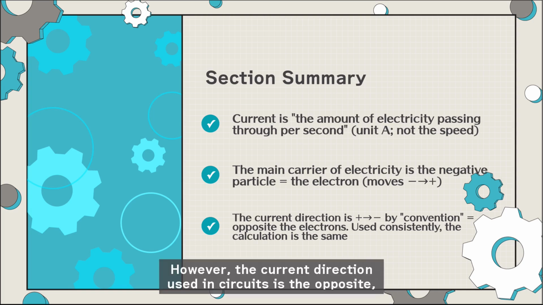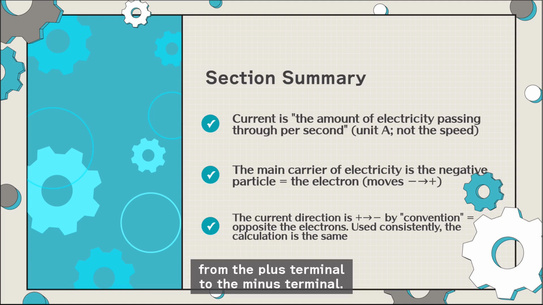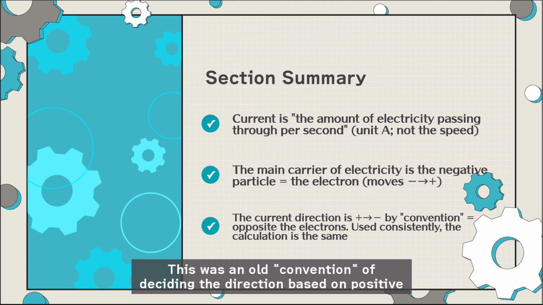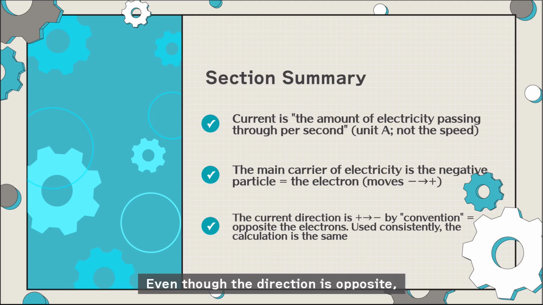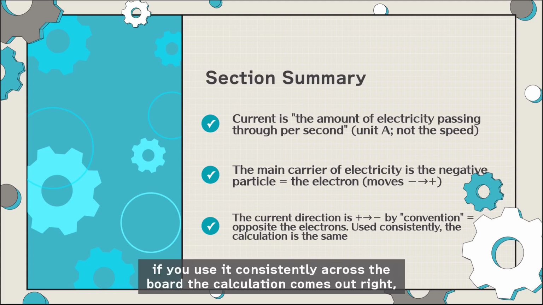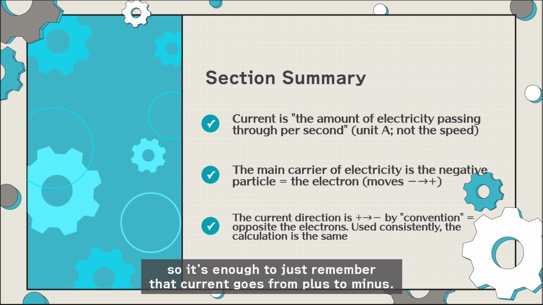However, the current direction used in circuits is the opposite, from the plus terminal to the minus terminal. This was an old convention of deciding the direction based on positive electricity. Even though the direction is opposite, if you use it consistently across the board, the calculation comes out right, so it's enough to just remember that current goes from plus to minus.